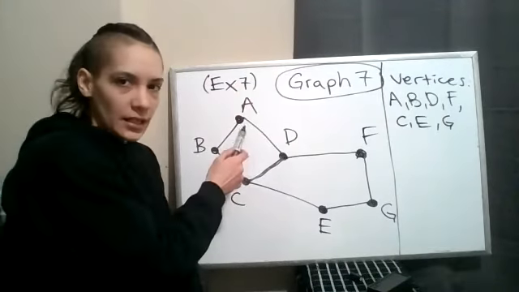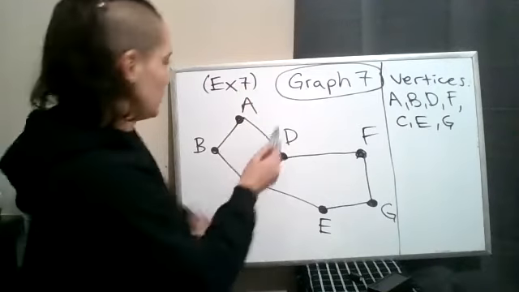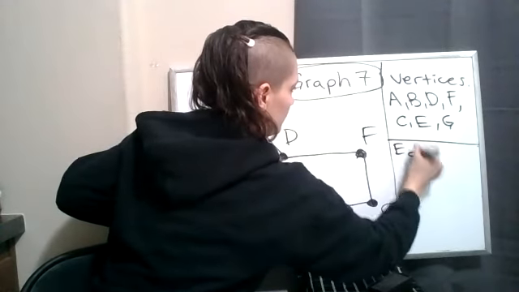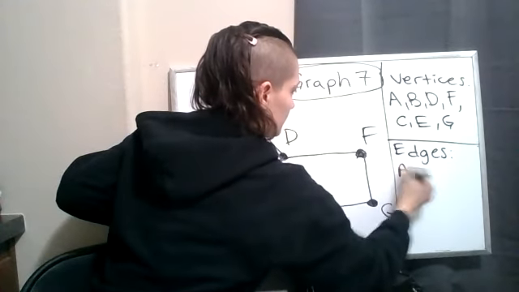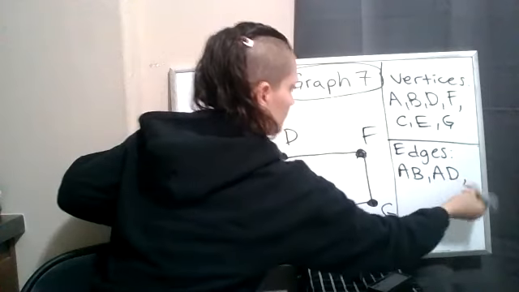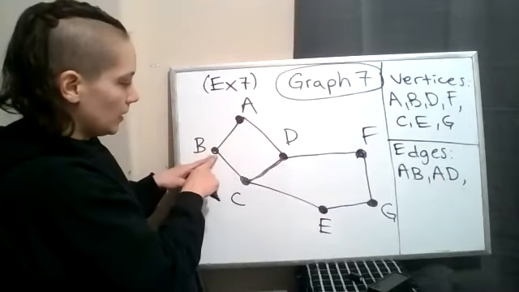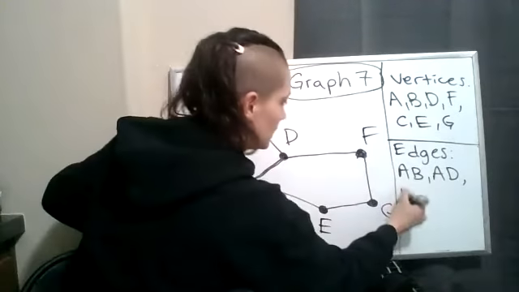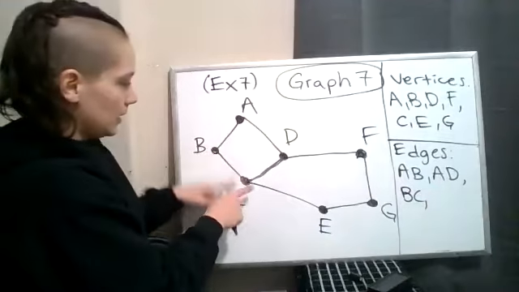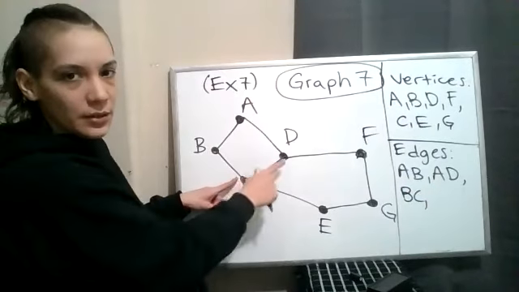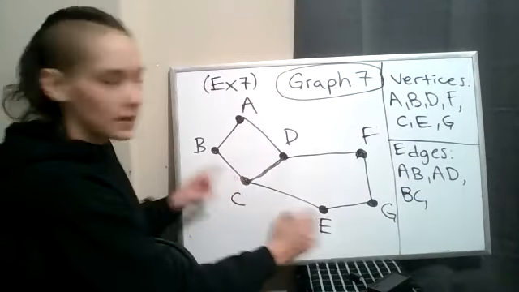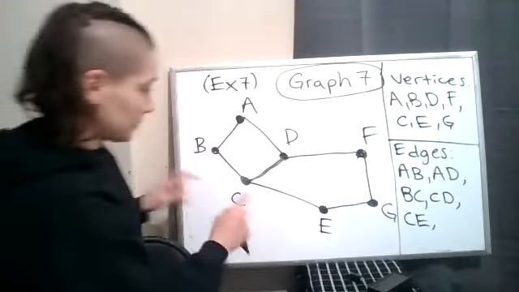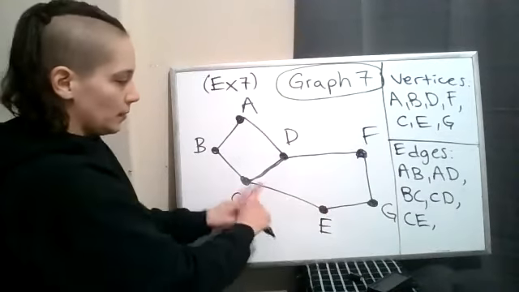And then we're doing edges, that are A, B, and they'll have A, D. B, C. We already have BA, but we're going to list the next. Okay, C goes to B, but we just did that one. C goes to D, and C goes to E. Let's go this way.